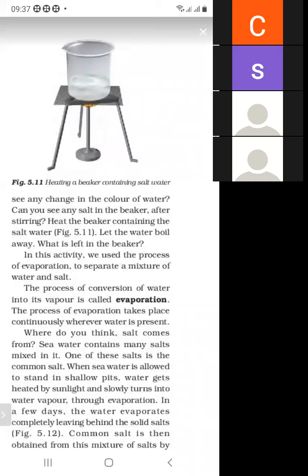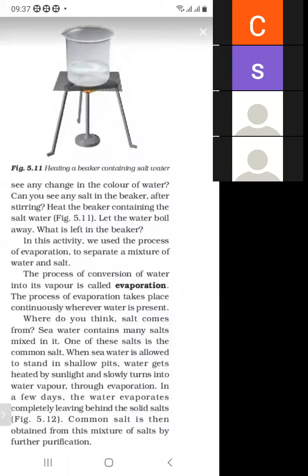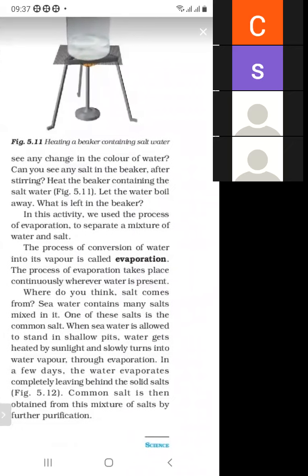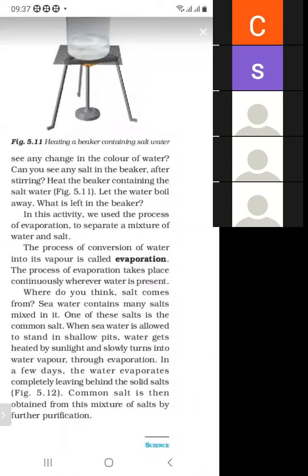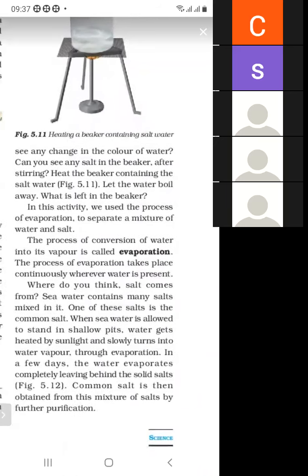The process of conversion of water into vapor is called evaporation, and this evaporation takes place continuously wherever water is present.